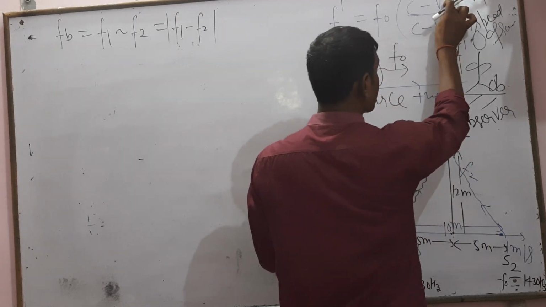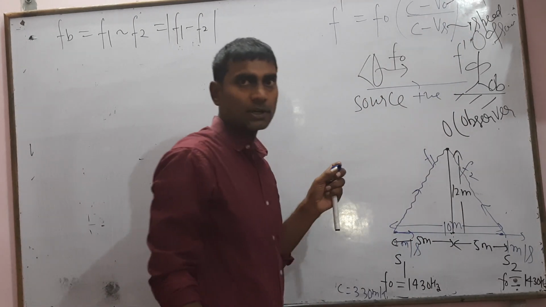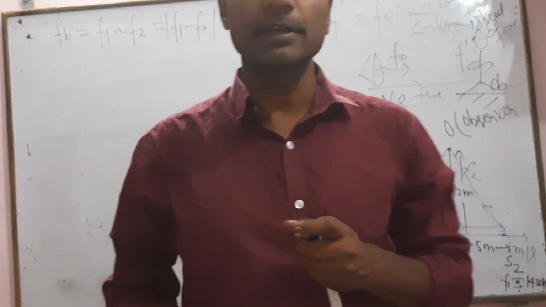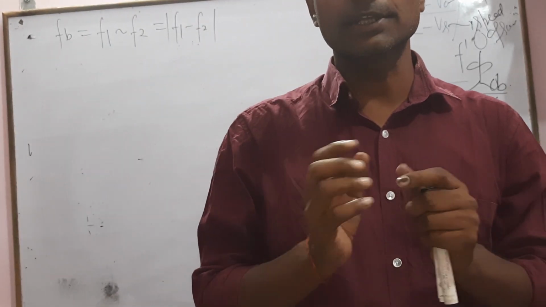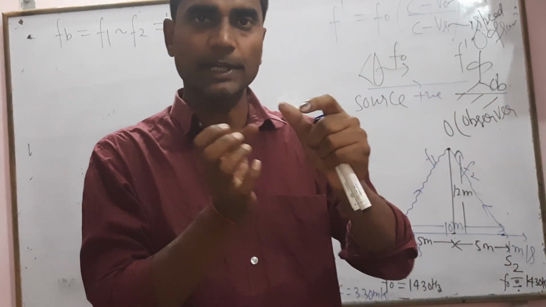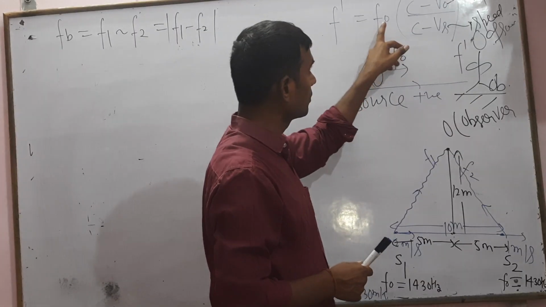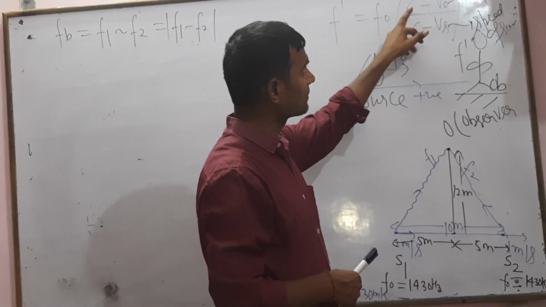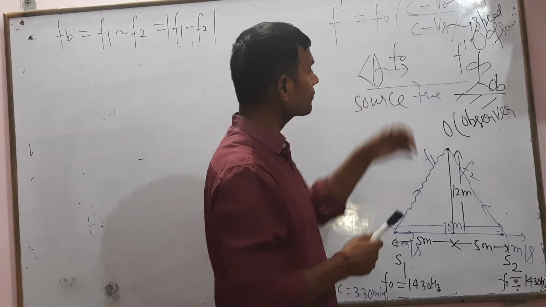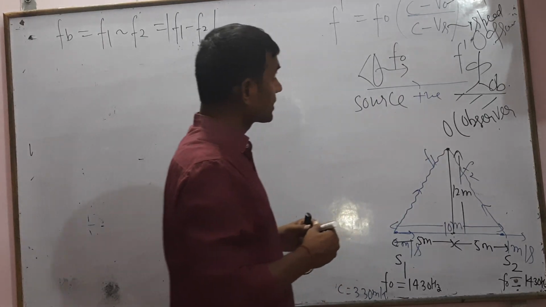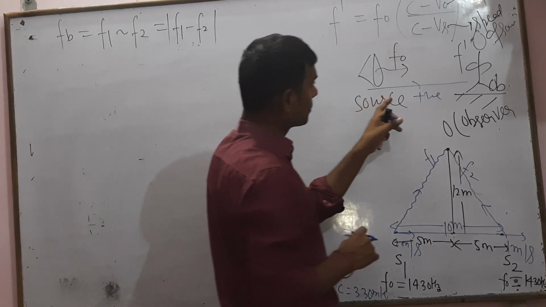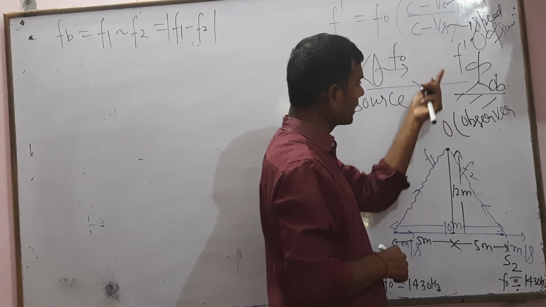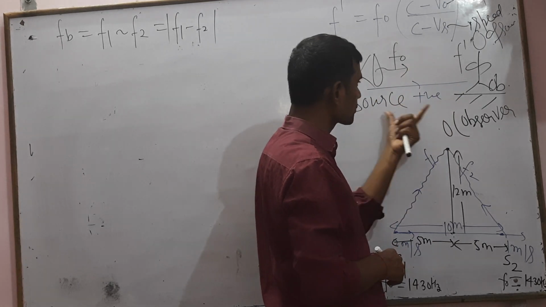This is the deciding factor, because V naught and Vs may be positive or negative. Then the apparent frequency equals f naught into C minus V naught upon C minus Vs, where C is the speed of sound. We need the line joining source to observer, taking positive from source to observer.